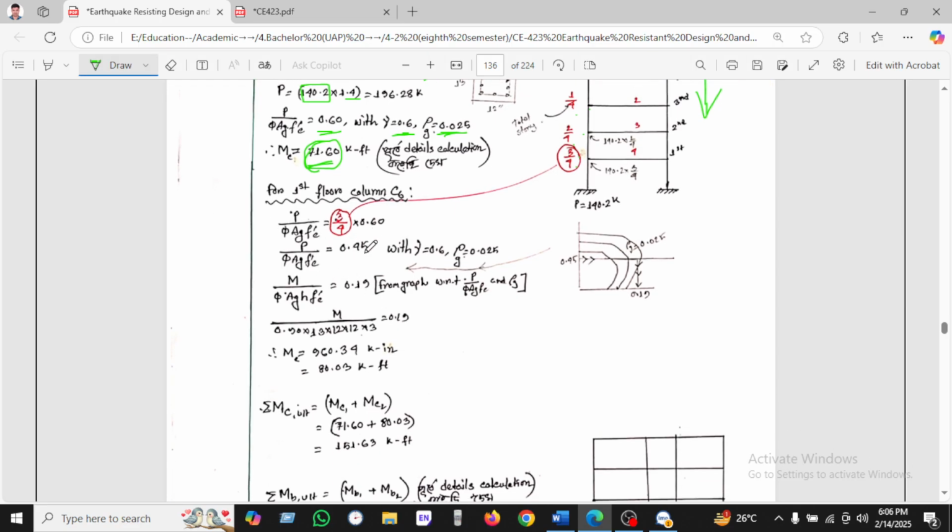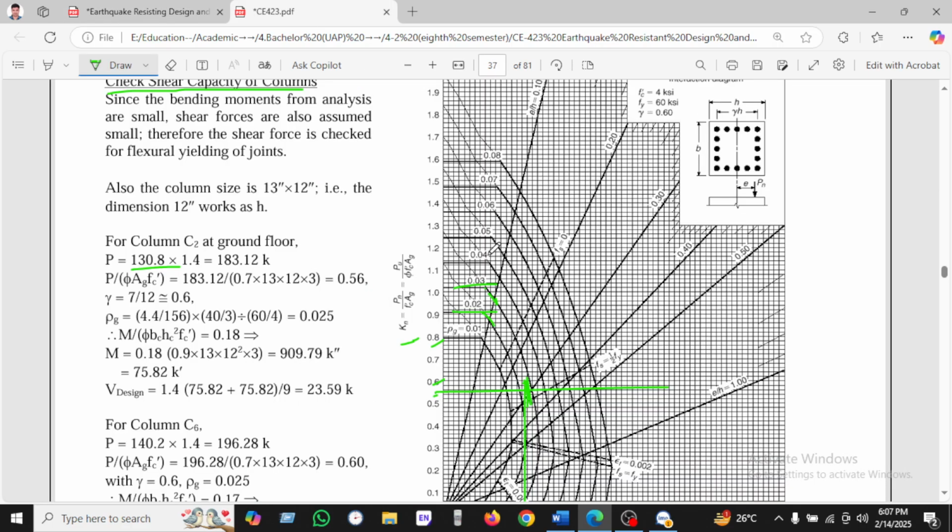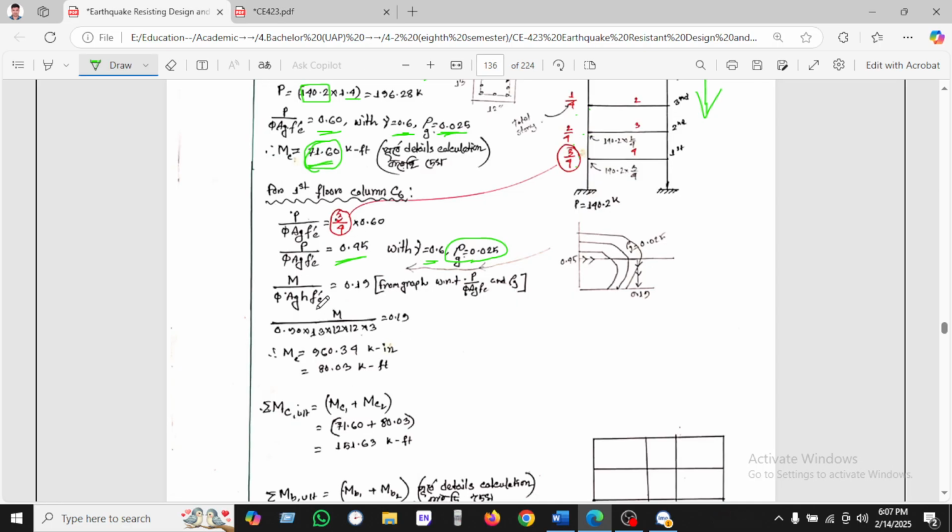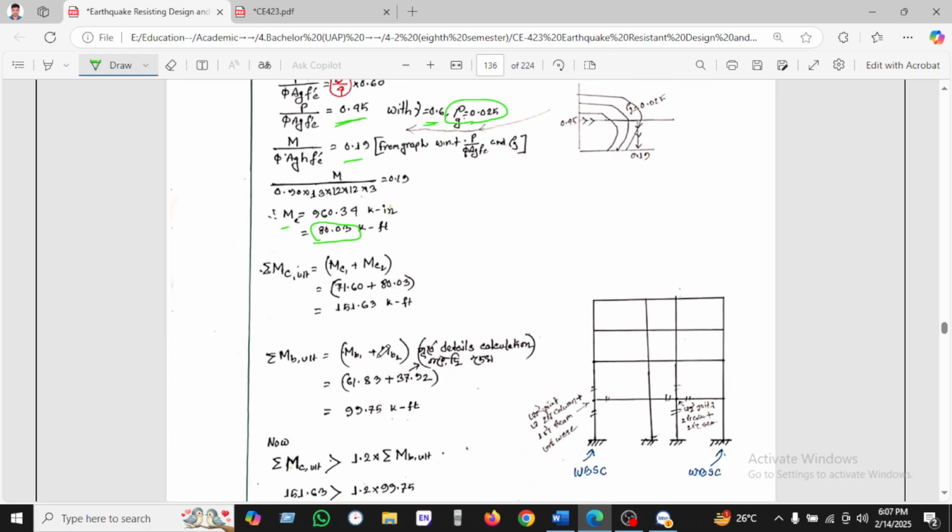After putting in this value we found 0.45 and gamma is 0.6, then we find the rho value from this graph. Putting in all the values, we found the moment is 80.03 kip-feet.